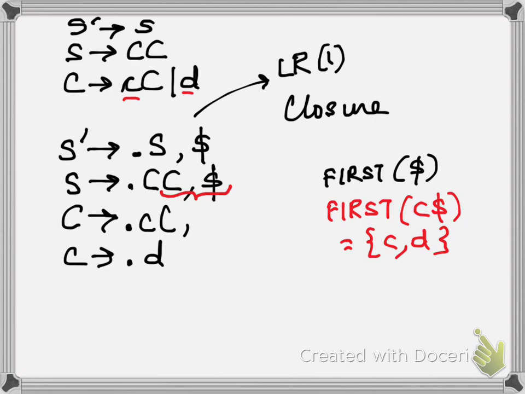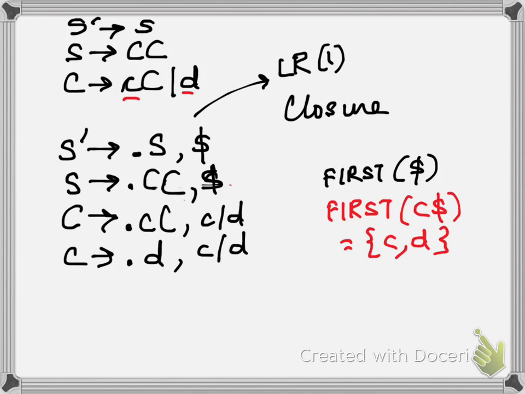So our look ahead here would be C/D. So here also C/D, because both are coming from the same C expansion. Okay, so I'll just remove this, write this properly. So I have dollar.